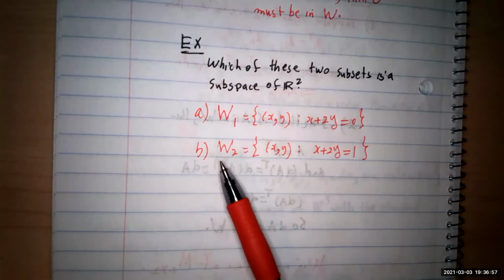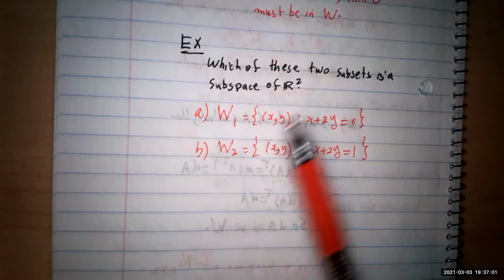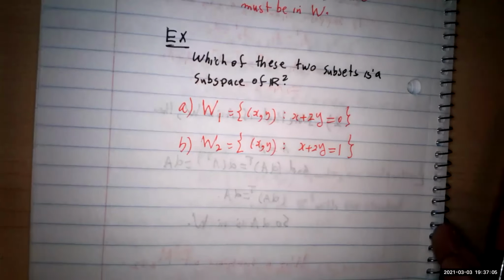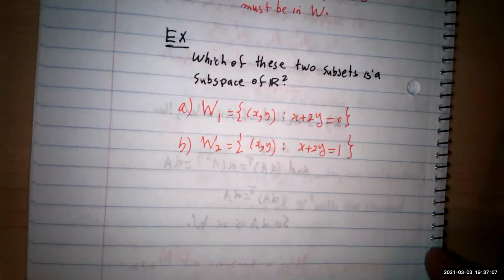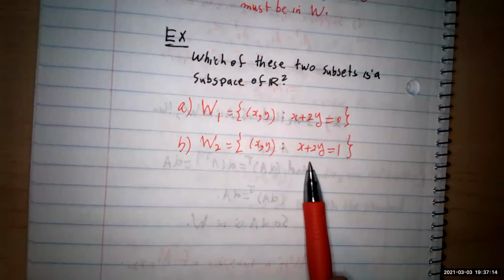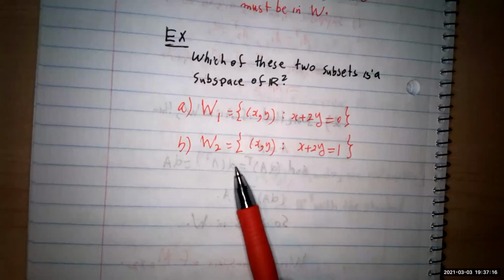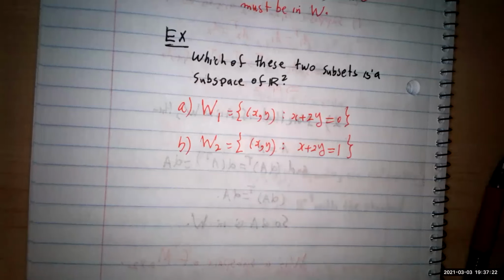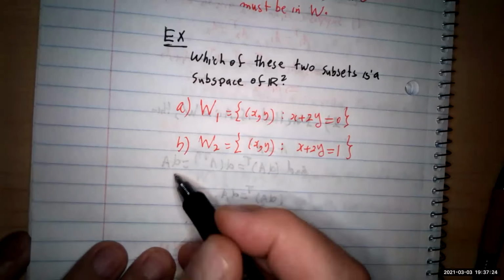Very helpful to know. First thing to do, especially when a group of them are given to you and you want to see if there is a possibility of a subspace, is just check 0, 0. 0, 0 is not in this one, so this is not going to be a subspace. But this one may be, so we are going to check it. Okay, this is how we're going to check.